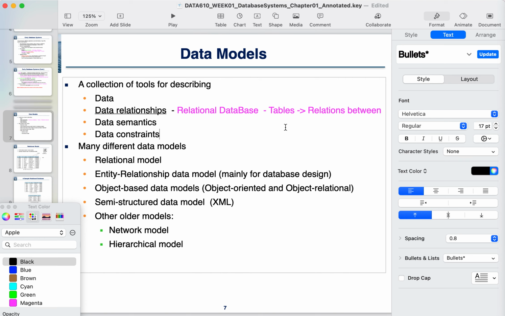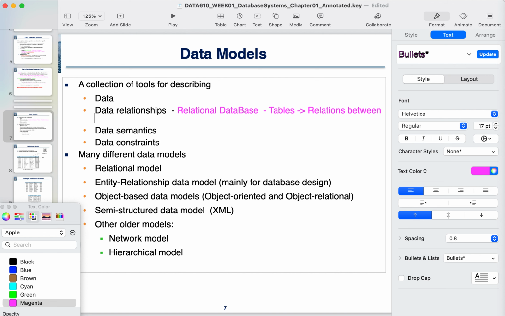What do we mean they are relations? If there is a customer and he places orders, there is a relation between the customer table and the order table because the customer placed the order.